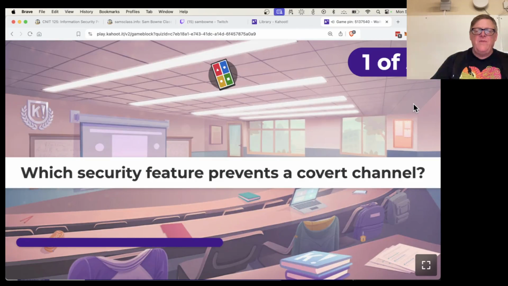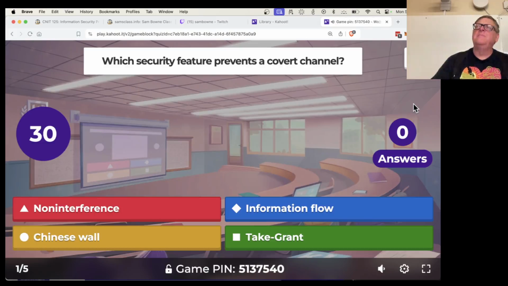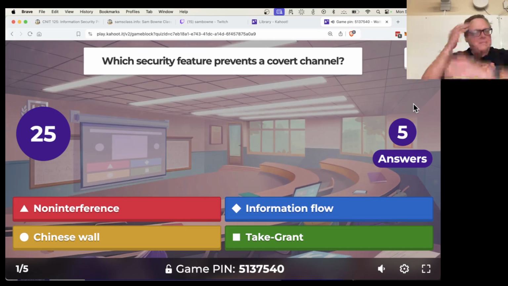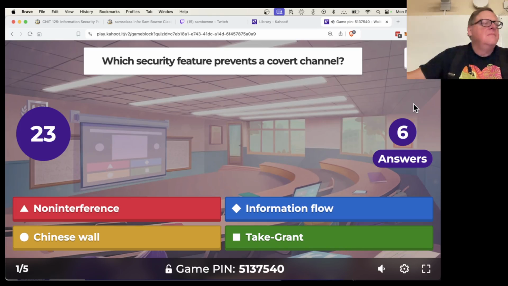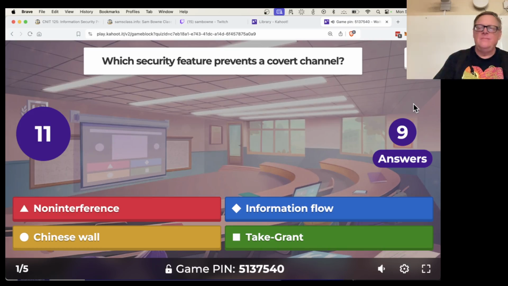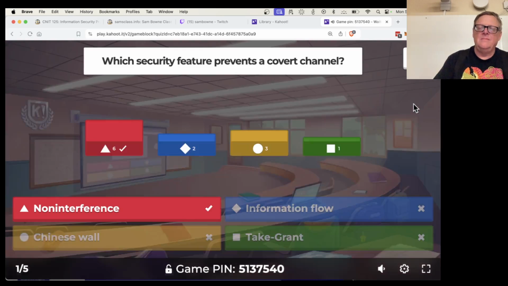All right. So what feature prevents a covert channel? Non-interference is also called a side channel.